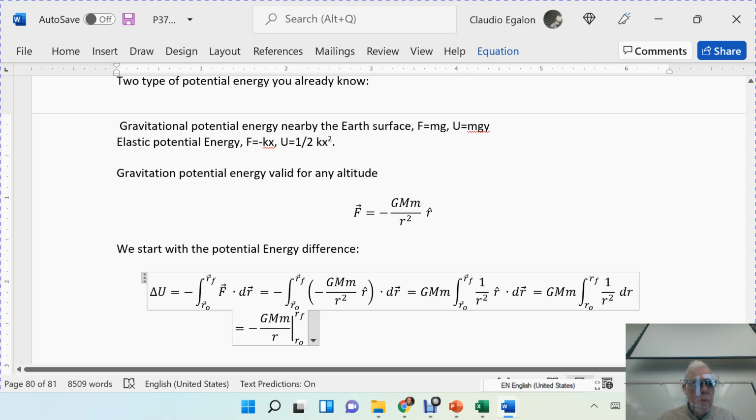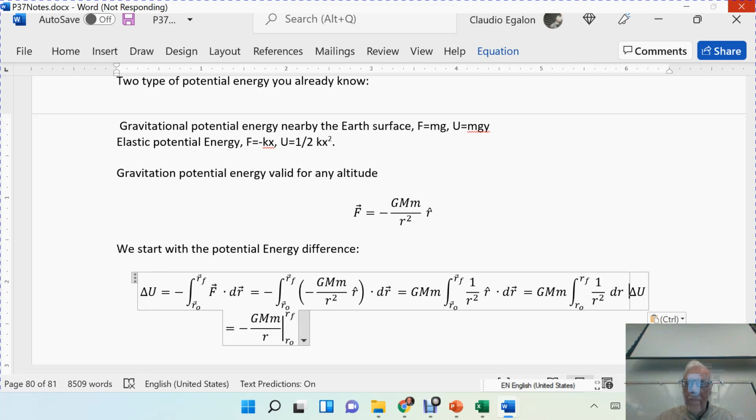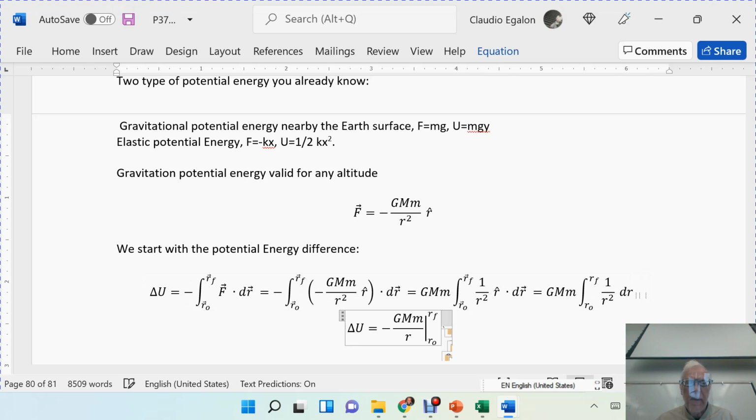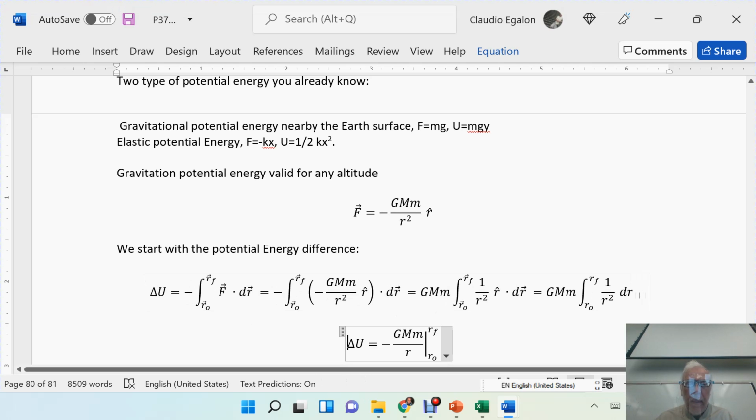What I'm going to do is put it in the next line. Even Word is taking a long time. Okay, here we go. We're going to apply the limits here.